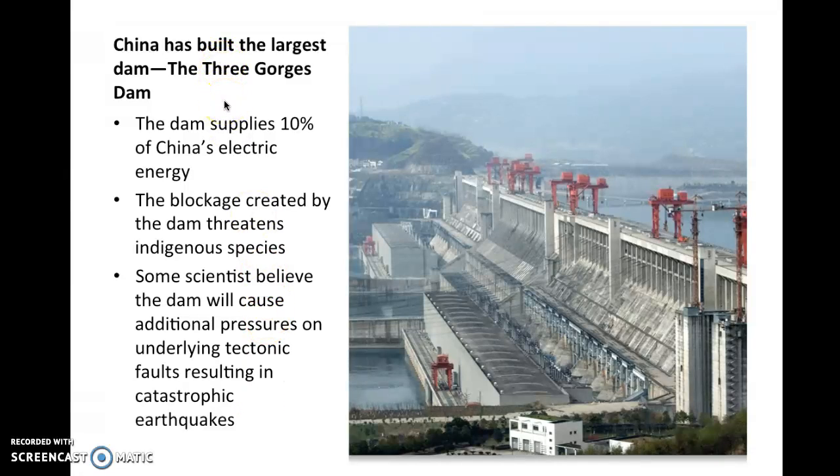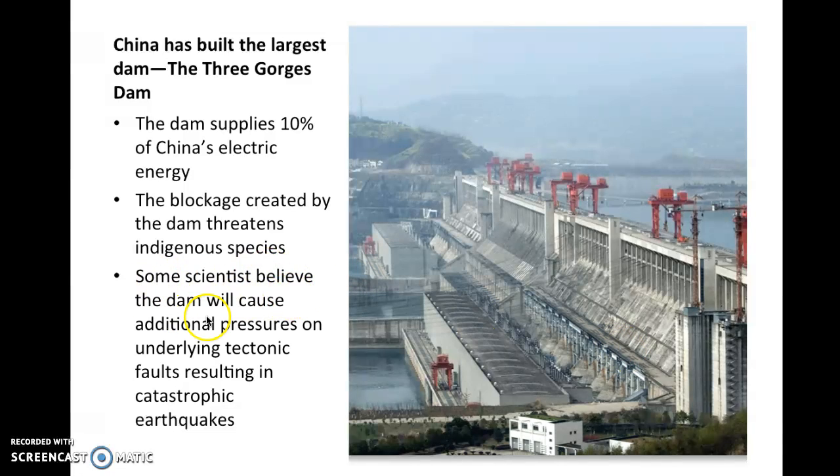China has built the largest dam in the world, the Three Gorges Dam, and the dam supplies about 10% of China's electric energy. But the blockage created by the dam threatens indigenous species like the Chinese alligator and the Chinese sturgeon. This dam is huge.